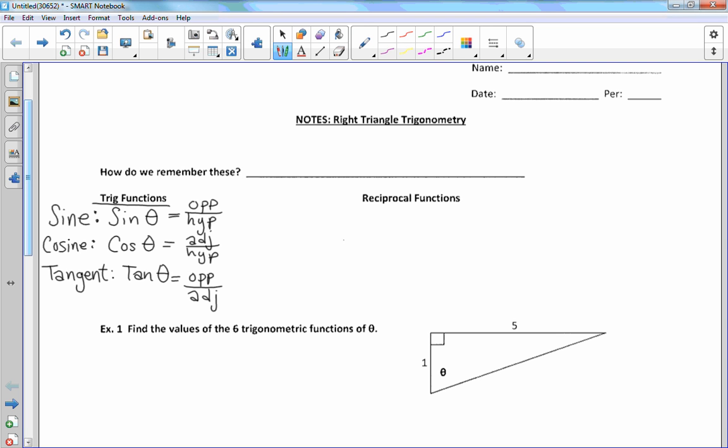Okay, and we have a nice little phrase that helps us remember these. How do we remember these? Sine, capital S, is opposite over hypotenuse. Cosine is adjacent over hypotenuse. Tangent is opposite over adjacent. SOHCAHTOA.